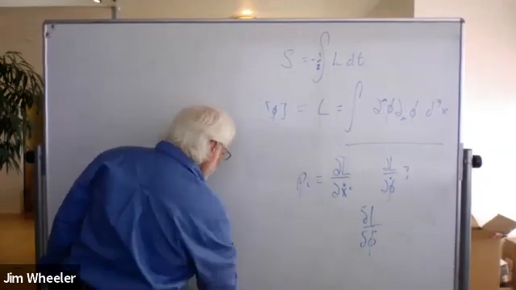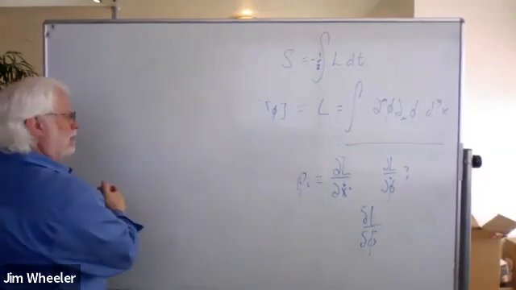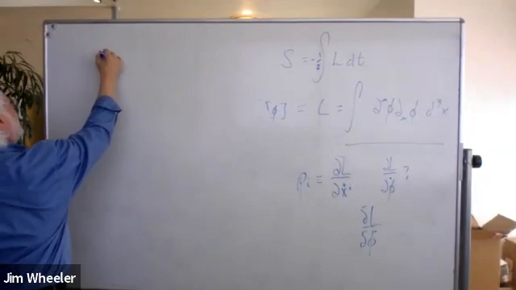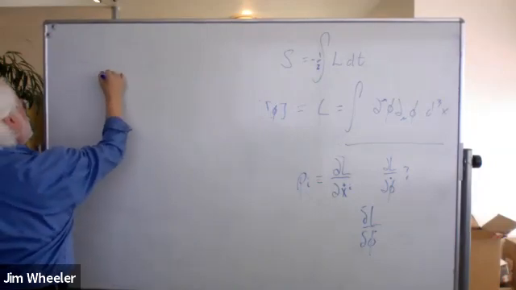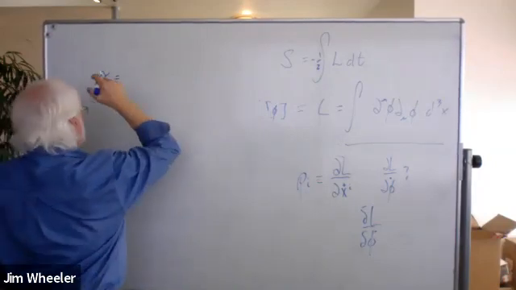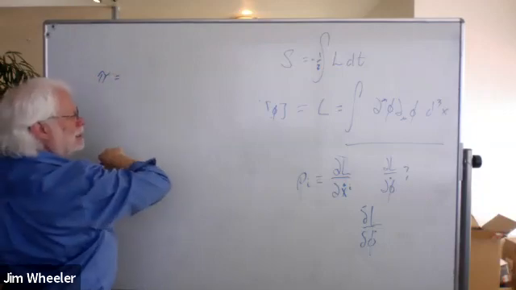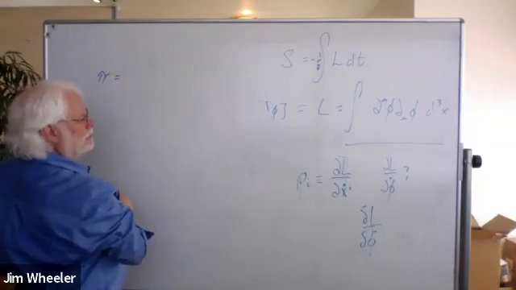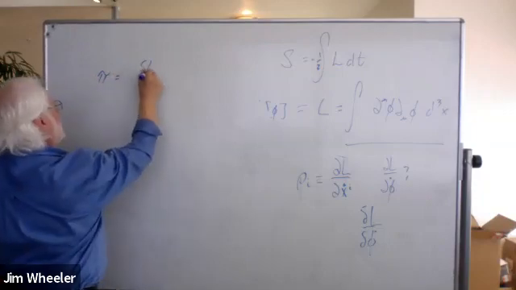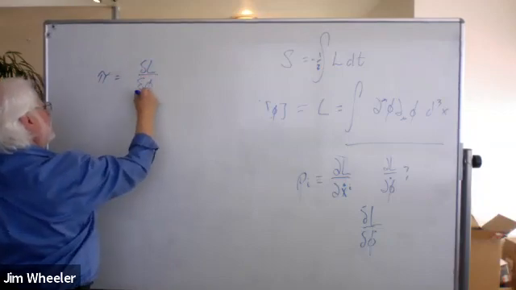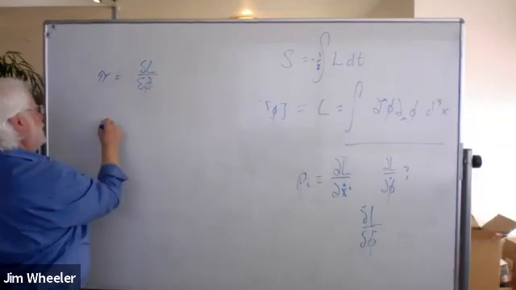So we want to do this. Let's call the conjugate momentum pi. Well, it's the functional derivative of L with respect to phi dot.